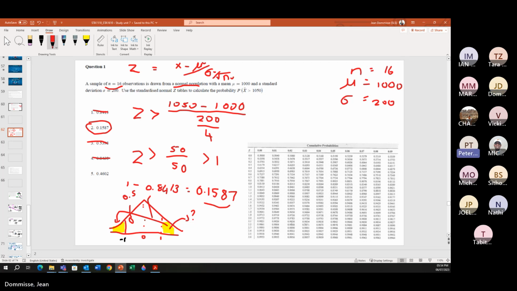If you got this question right, how many marks would you get for this question in the exam? This is probably a 4-point question. If I only give you a Z, or if I said Z was 1, or you needed to work out Z bigger than 1, then it's a 2-point question. But because you needed to do all of this calculation, it will be a 4-point question.